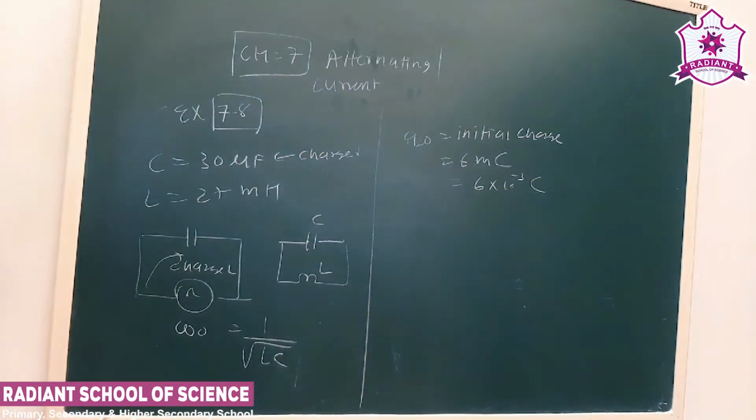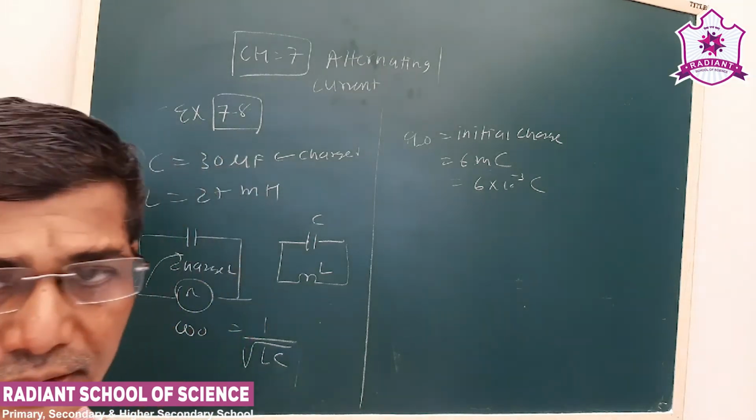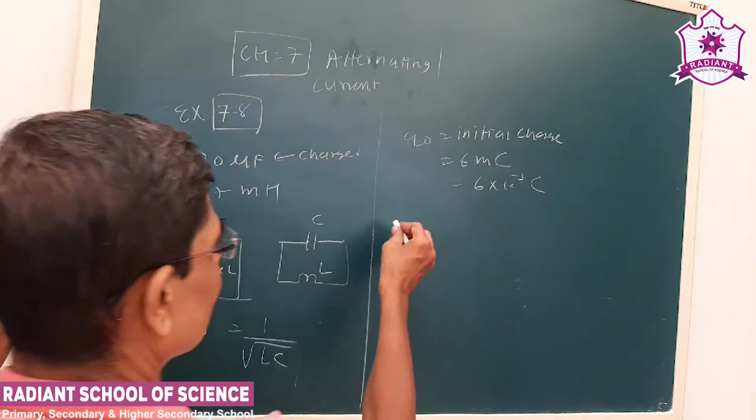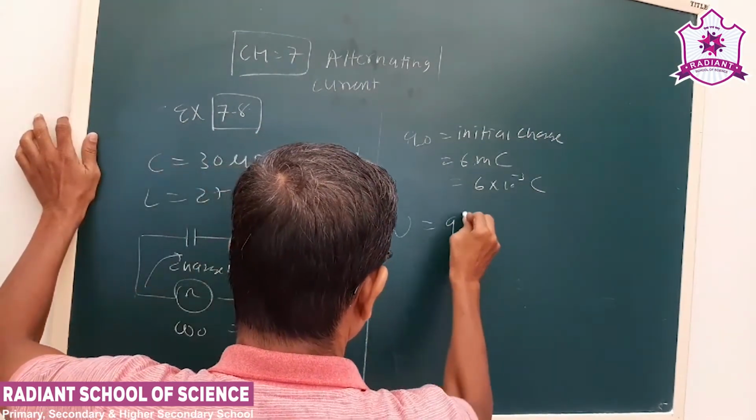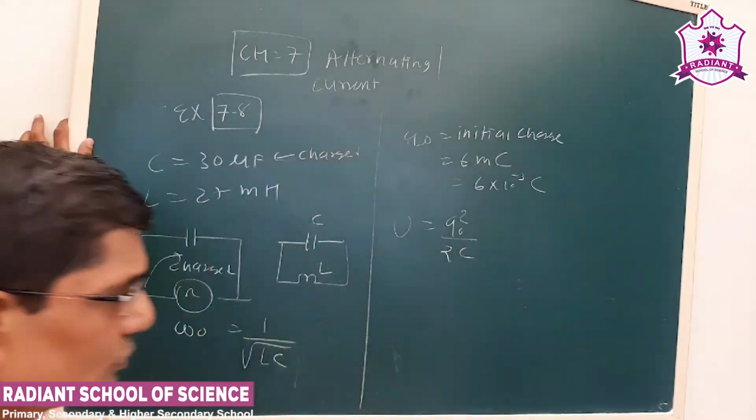Now we have to find out the energy. What is the formula for the energy of an LC oscillation? Initially all the energy is in the form of electric field, that is, energy stored in a capacitor. The formula for energy stored in a capacitor is Q0 square by 2C.